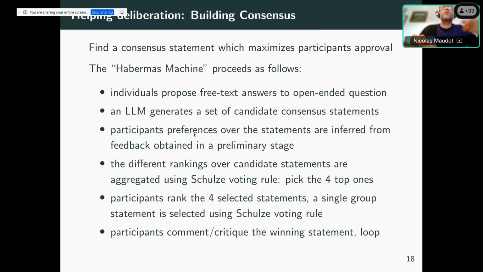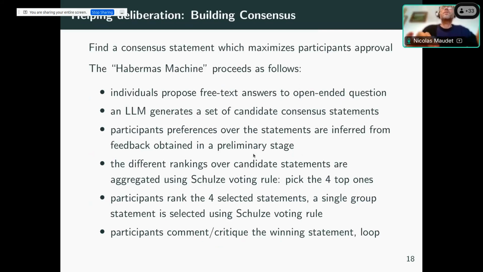Individuals propose free text answers to an open-ended question. Then a large language model will generate candidate consensus statements, a single statement trying to give a consensual view of the different answers which have been given.